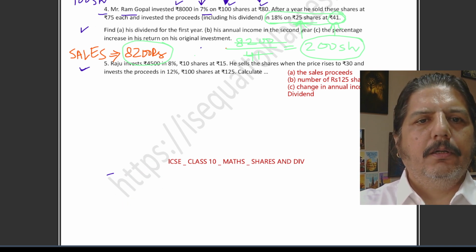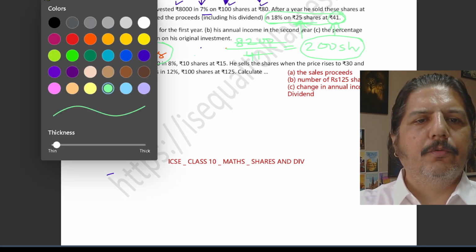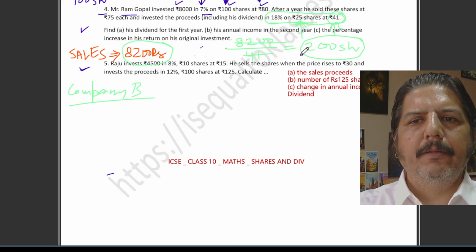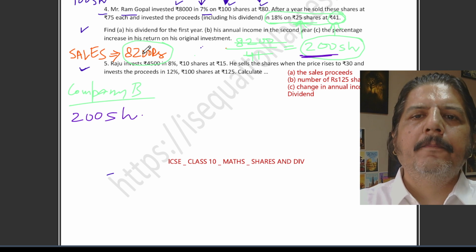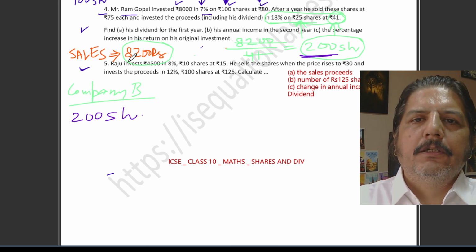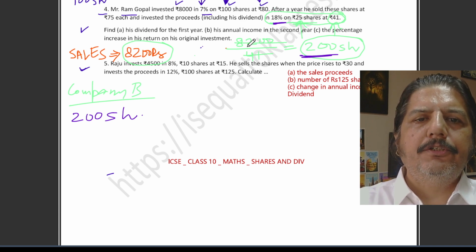Okay, so for company B, I'll write it like this. Company B, how many shares do I have? For company B, I have 200 shares. Okay, nice. So now 200 shares, each share is getting a dividend of 18%.